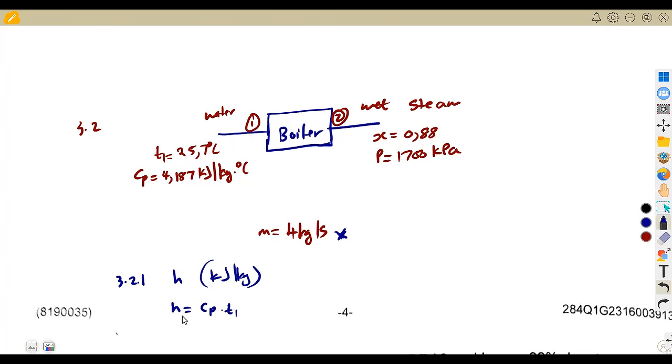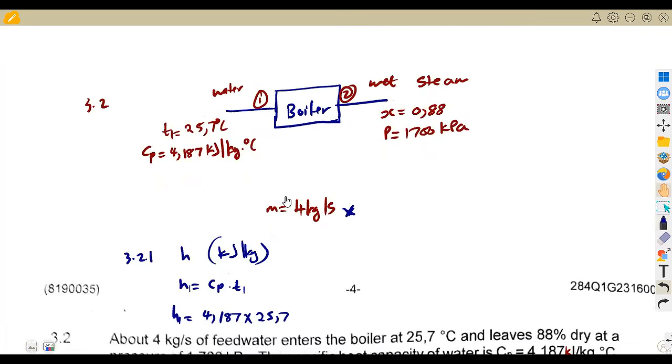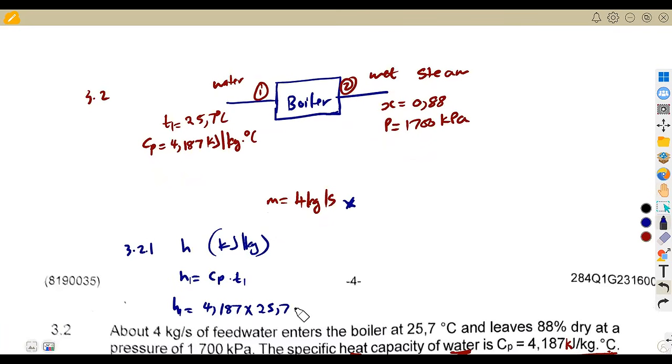You can just write it as H1. So H1 is going to be the specific heat capacity of 4,187 times the temperature of 25.7 in degrees Celsius. It's given per degree Celsius. So take note, if they make an error and write Kelvin, that error is supposed to be degrees Celsius there.